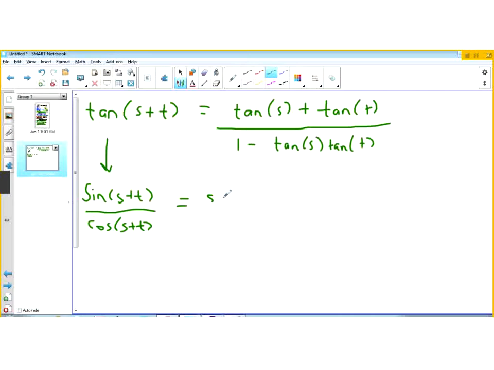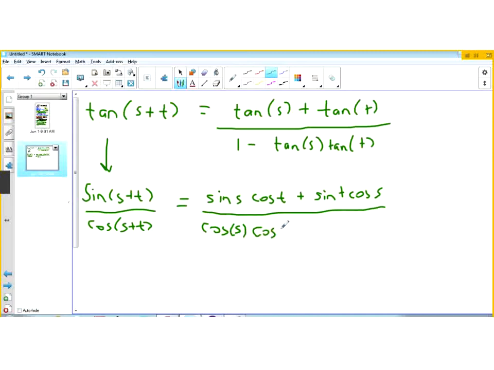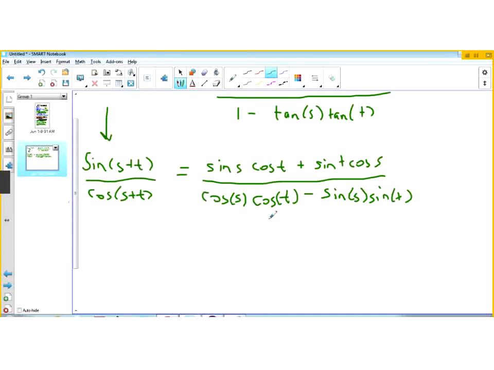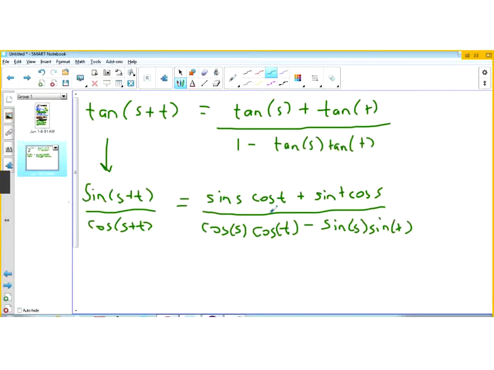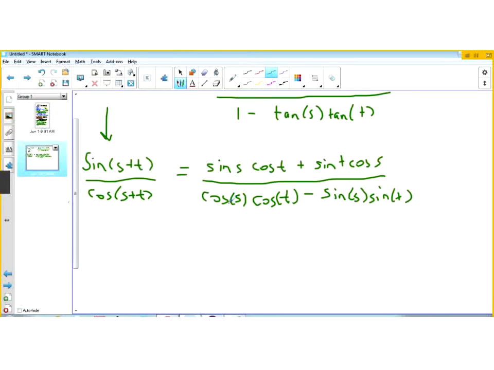So substitute, and we'll have sine S cosine T plus sine T cosine S divided by cosine S cosine T minus sine S sine T. Okay, so we have that result. Now, we want tan S in the numerator, so we can divide upstairs and downstairs by cosine S.